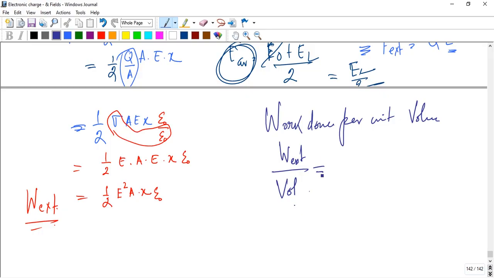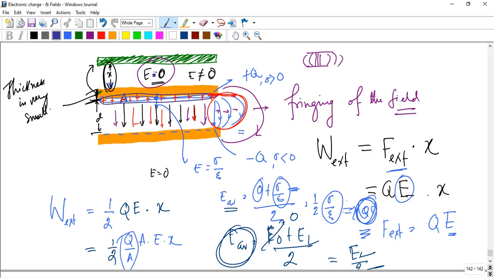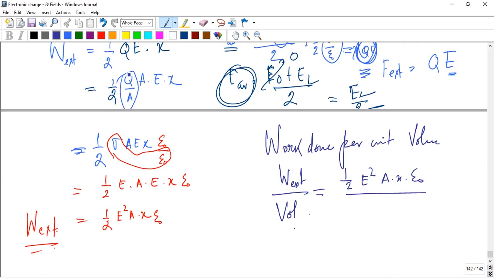That volume means half E square A X epsilon naught. So volume, if you see the diagram, is a cuboid: base area times height. Base area is A and height is X. So cancel these two. That is equal to half epsilon naught E square, work done per unit volume.